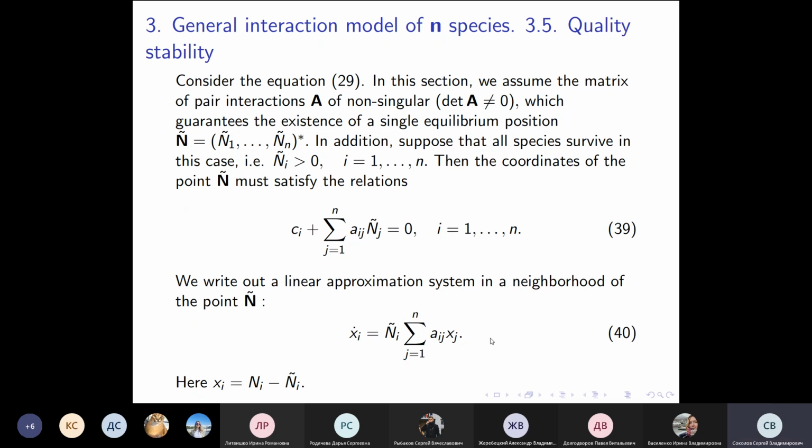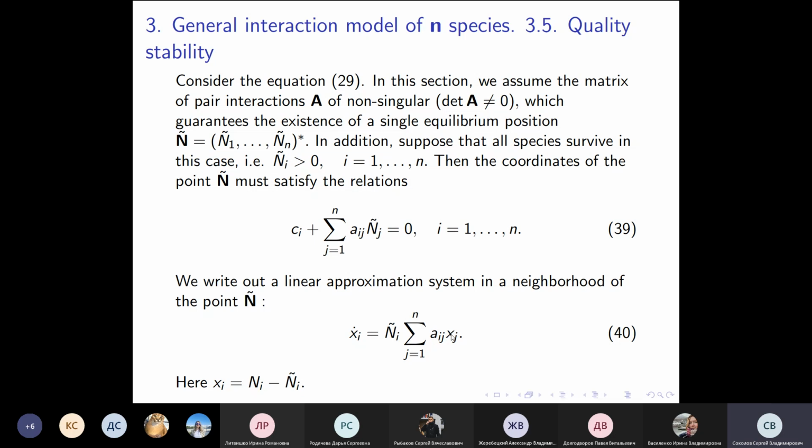So far, the stability of our equilibrium point depends on the eigenvalues of this matrix. Let us consider the matrix itself.